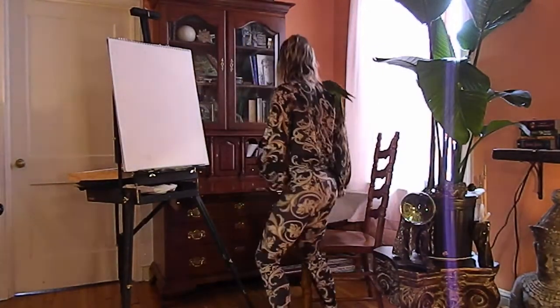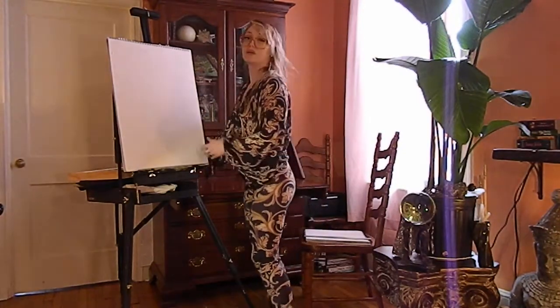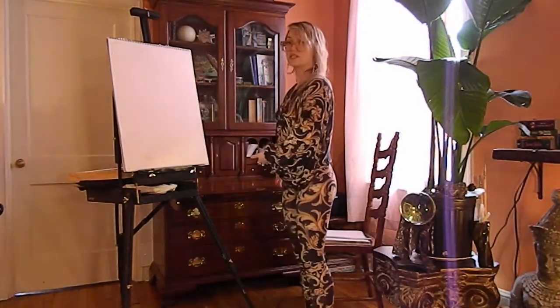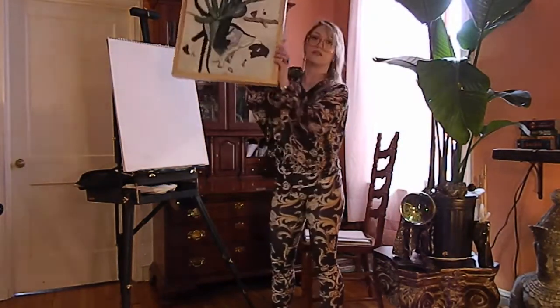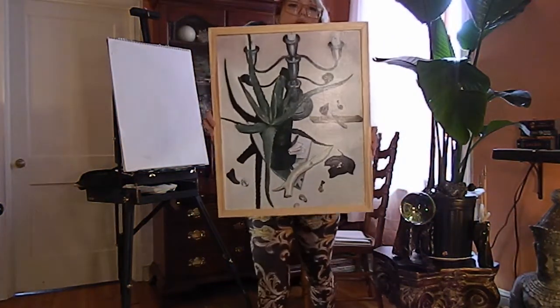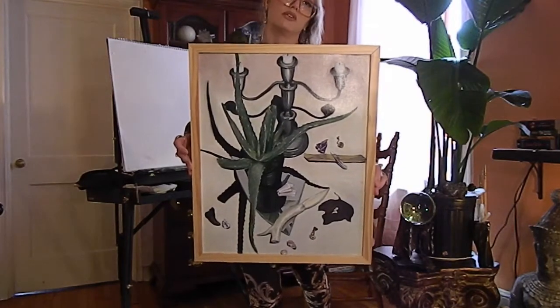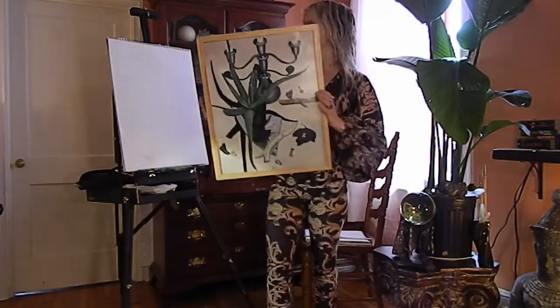So, if you're going to be looking down onto a surface, you can expect that your piece will have a perspective that appears that you're looking down onto the image.